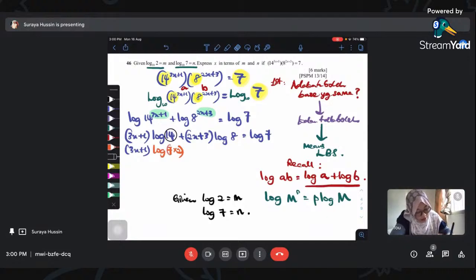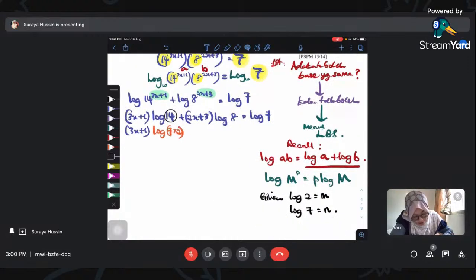Okay, supaya nanti kita akan dapat log 7 plus log 2. I'm applying this formula again. Okay, kita akan dapat ni.